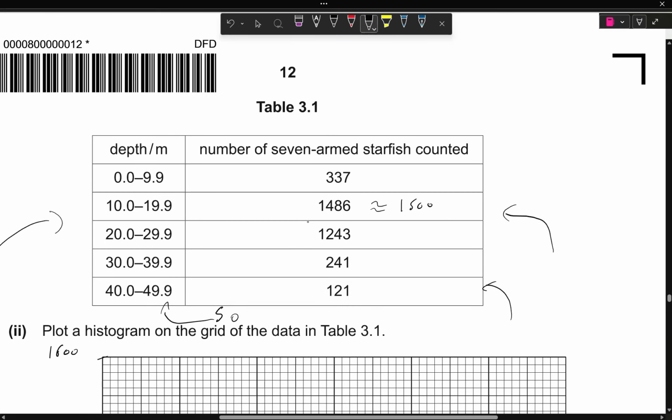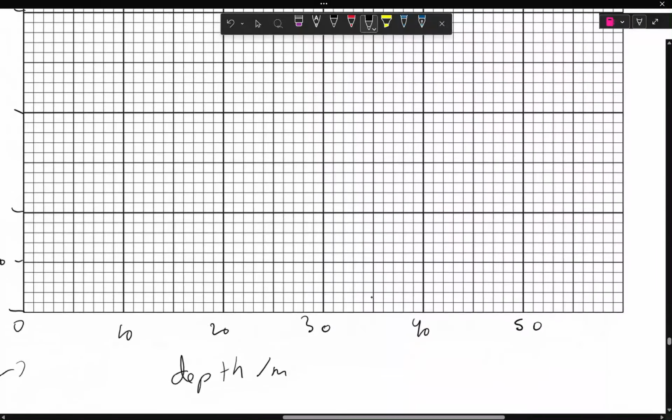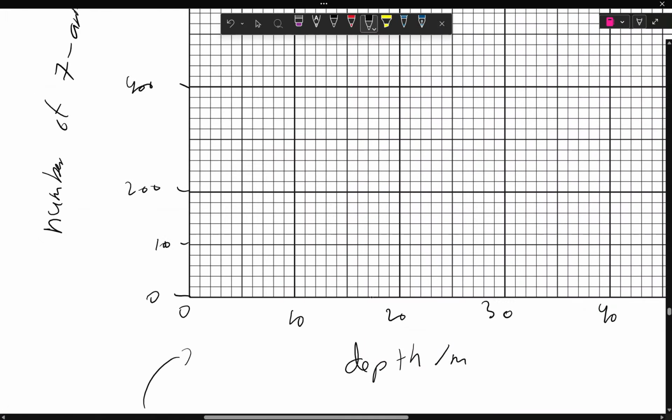And this one here is 120. So it's better if we actually start with the least, for example. If we want to have 120, then it would be like so. But of course, this is not the correct range. They're just for illustration. So this is how it would look.